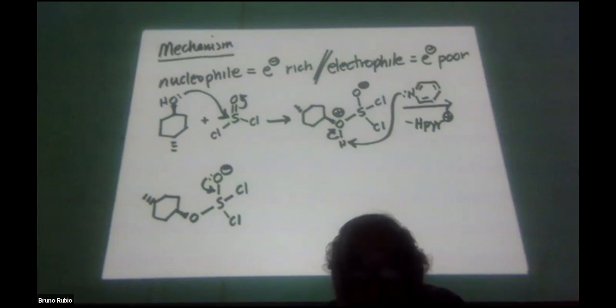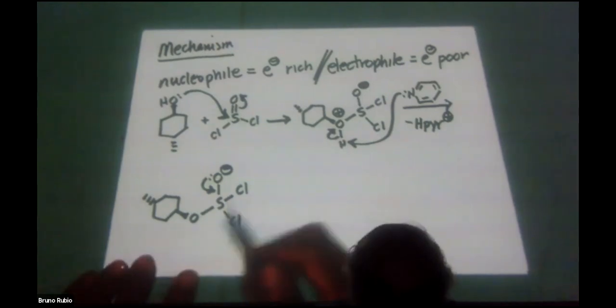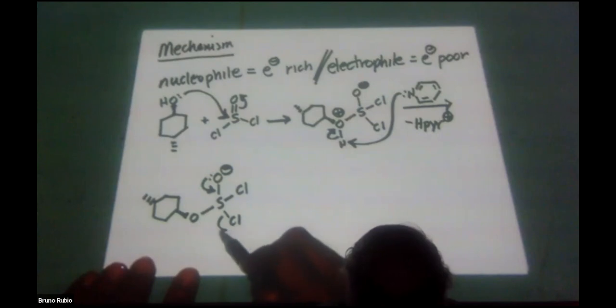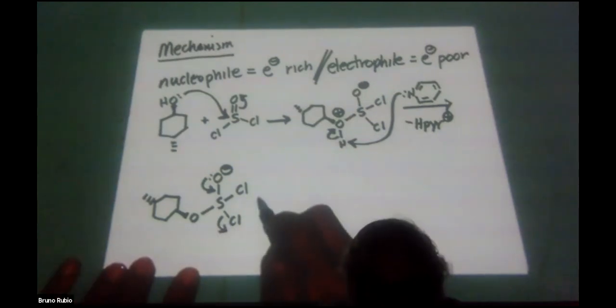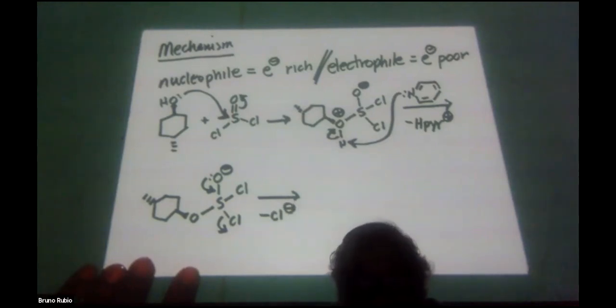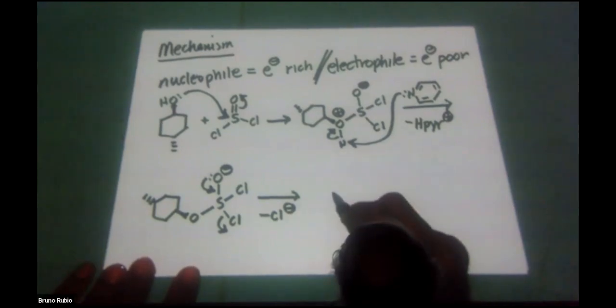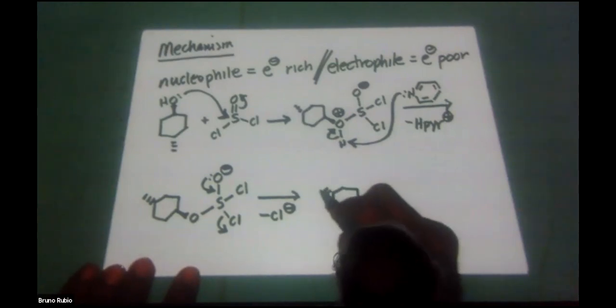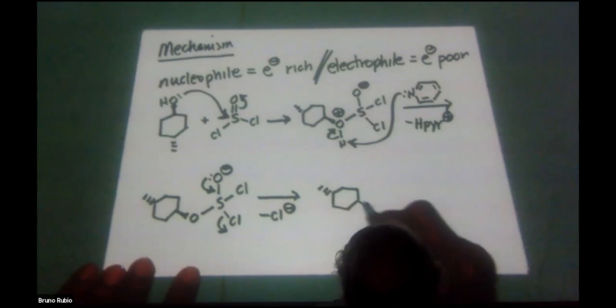So what happens now is that departure of one of these Cl's from the sulfur atom. So now I have Cl minus, right? And the charge makes sense. The chlorine is neutral. That arrow shows I'm bringing electrons toward it. So the sulfur atom is now, that chlorine atom is neutral.